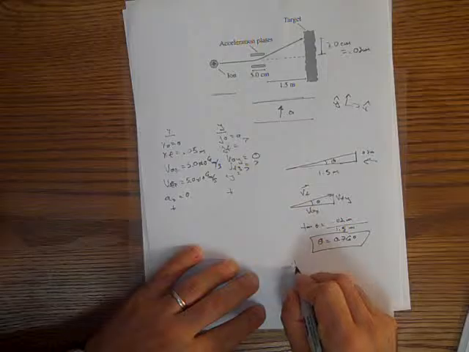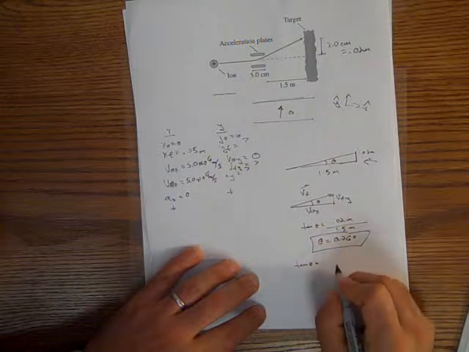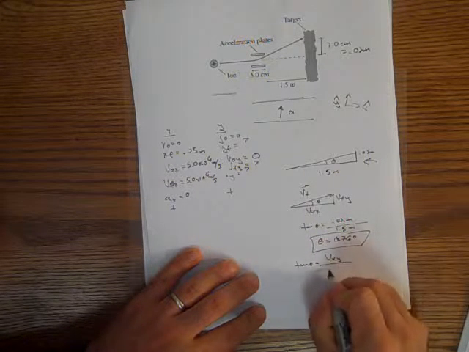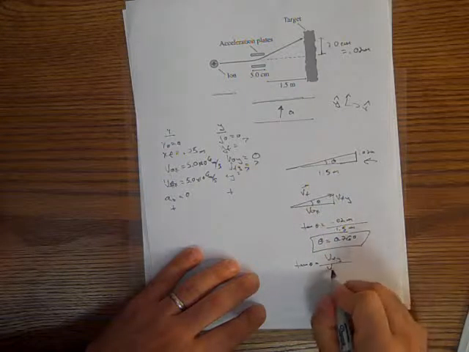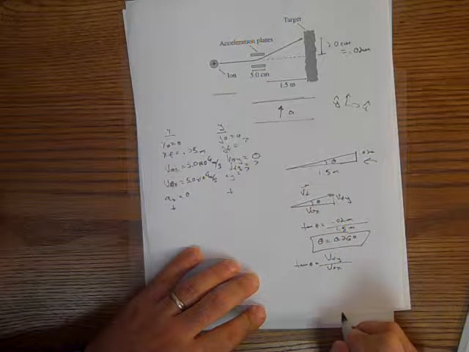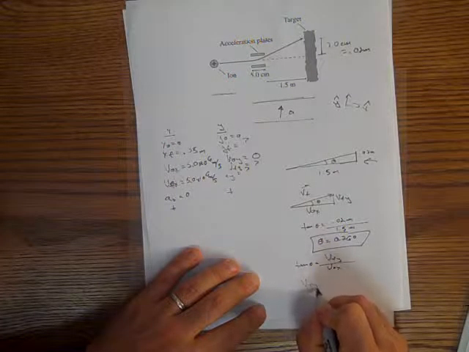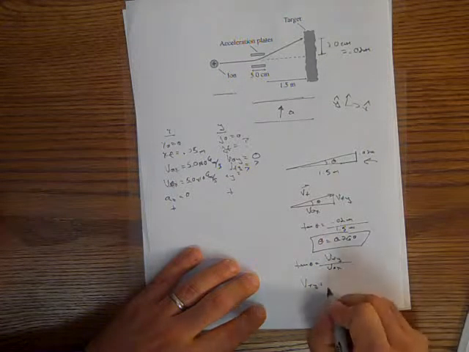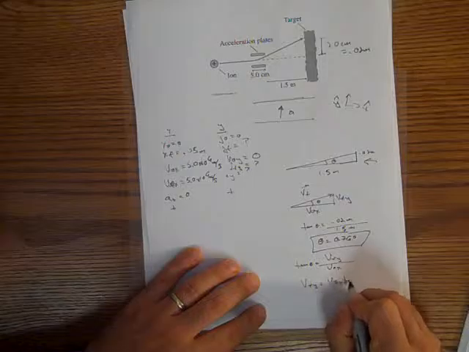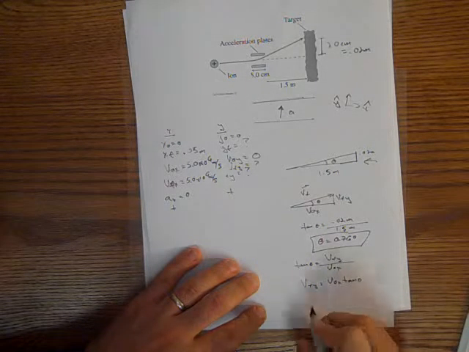Or I know that tangent of theta, same theta, is v final y over v final or initial x. So I now know this, and I know this, which means that v final y is equal to v0x times tangent of theta. So I plug all that in.